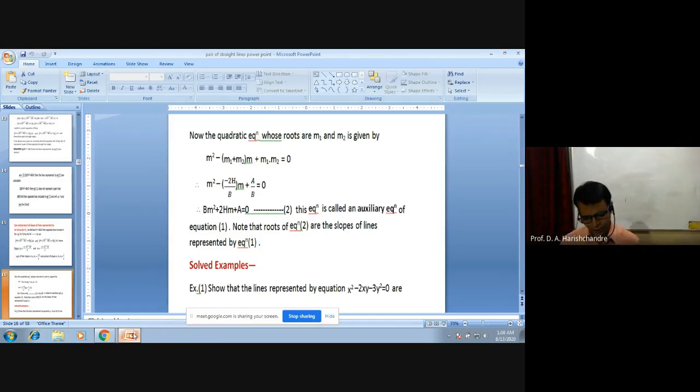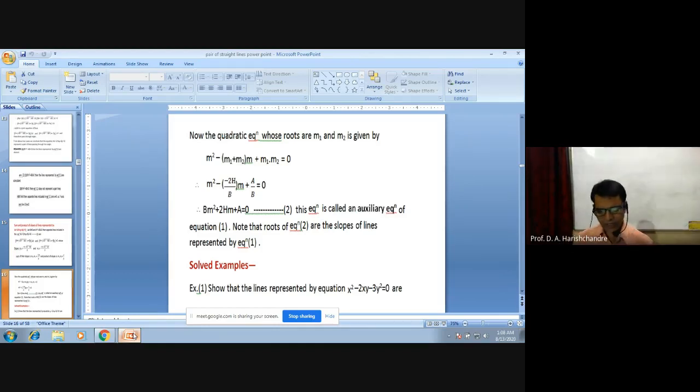Call this equation 2. Now this is the quadratic equation whose roots are m1 and m2. But we know that m1 and m2 are the slopes of the two separate lines represented by equation 1. In short, solving this quadratic equation bm square plus twice hm plus a is equal to 0, we get the slopes of the two separate lines included in homogeneous equation 1.